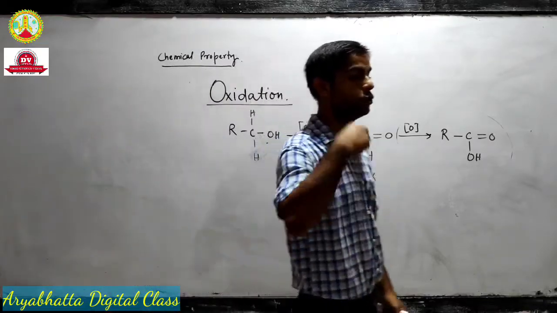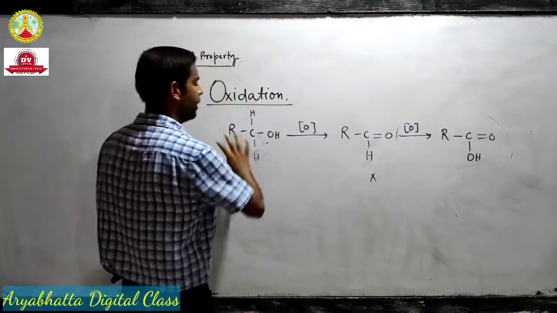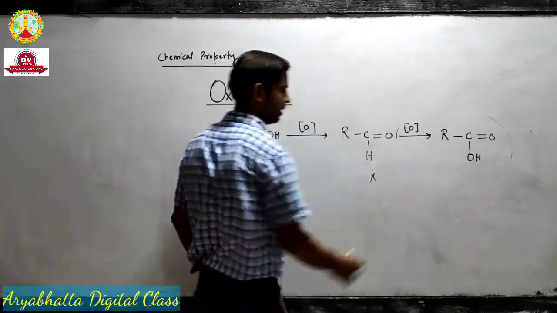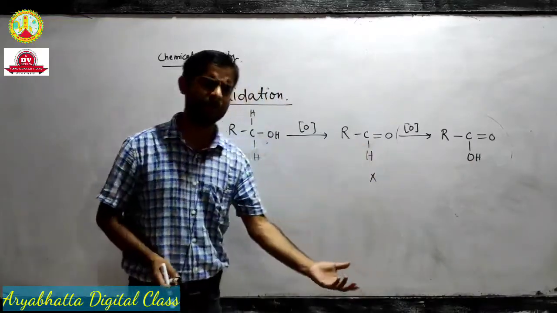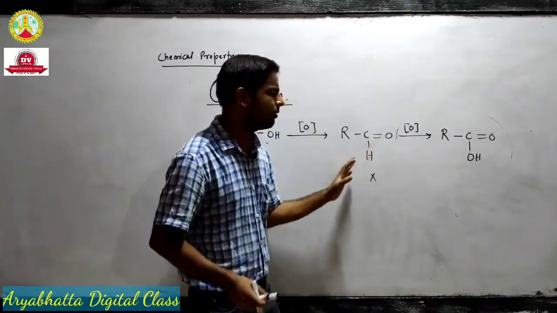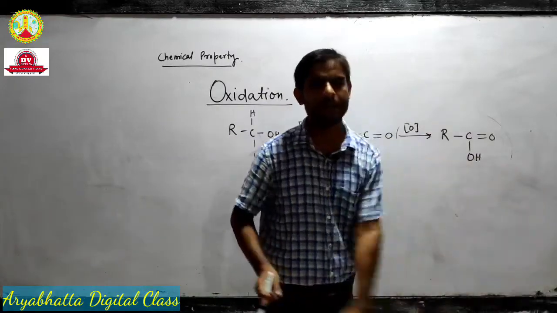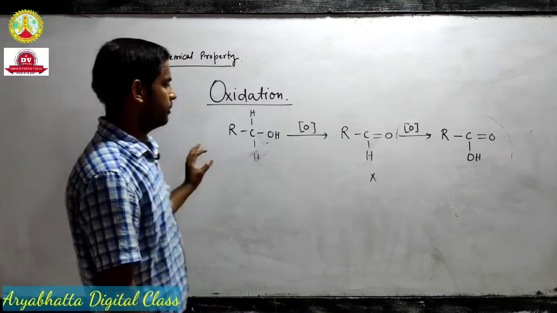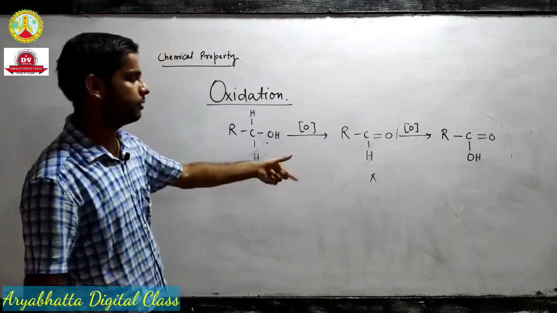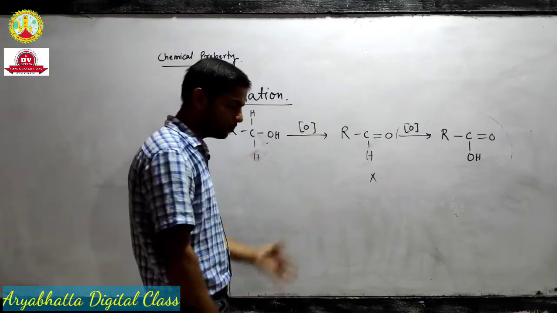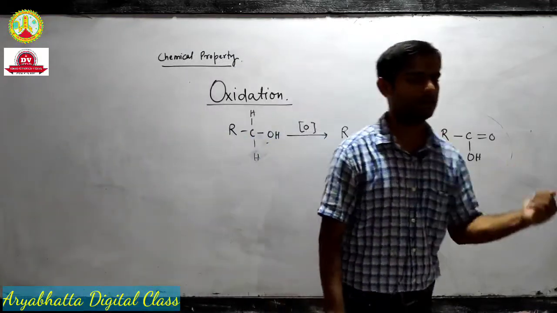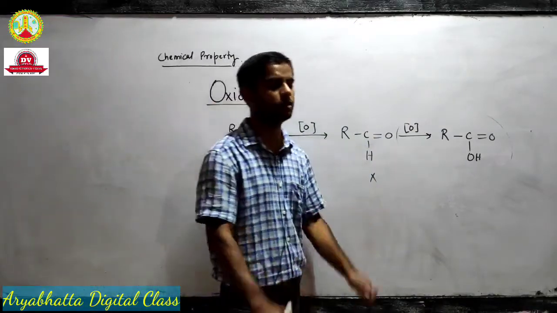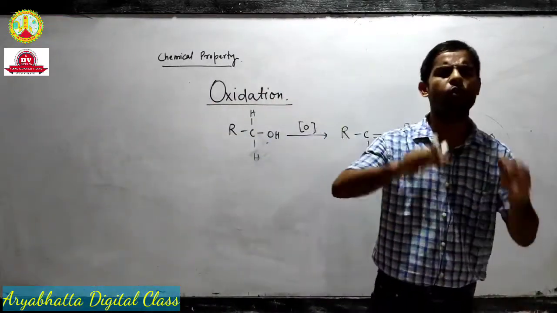If we use strong oxidizing agents, then alcohol will finally get converted to acid. That means the aldehyde that forms is an intermediate step and will ultimately get converted to acid. So to understand the result of this reaction, we must know which oxidizing agents are strong and which are mild or weak.